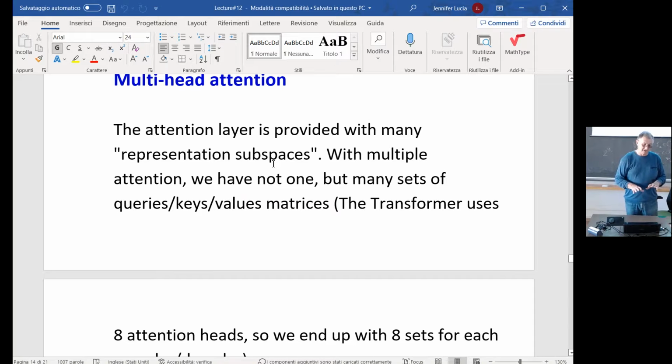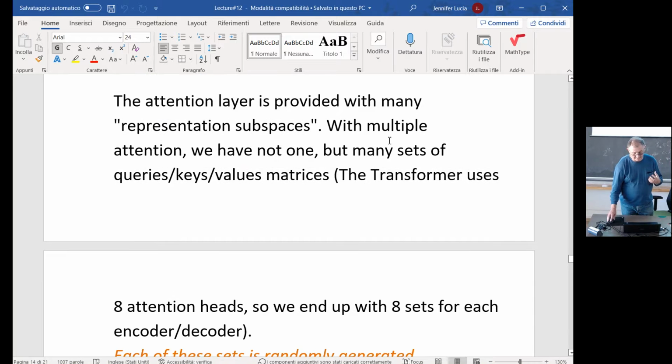Apart from fixing the connection of some word to a place in the phrase, they consider several representation subspaces, in order to use the variance of different positions of this word in function of the sentence and its grammatical significance. So this is so-called multiple attention.